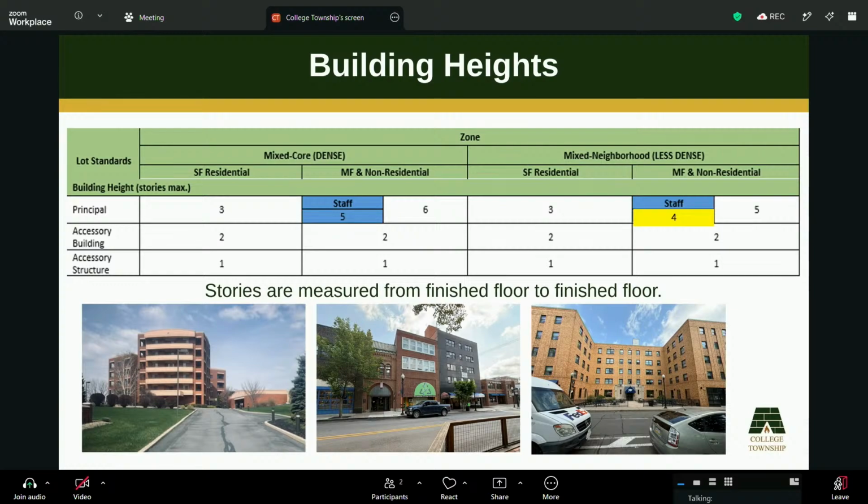PC recommends going to 6. Mixed neighborhood, the less dense, single-family, again, 3, because that just makes sense for a single-family unit. You're not really going above 3 stories for a single-family unit. Mixed-family non-residential, staff's recommendation was 4. PC went 1 higher with 5. The others are pretty standard. So we welcome any direction in regards to height.